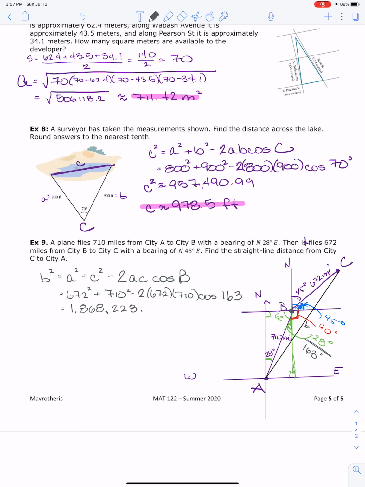I realize my commas don't look like commas. Now let's realize if we're talking in the millions here, that 0.25 doesn't really matter, but I've already written it, so I'm not going to erase it. Square root both sides, and we get the length of b is approximately 1,366.83. So we've got approximately 1,367 miles, which is the straight line distance from city C to city A.